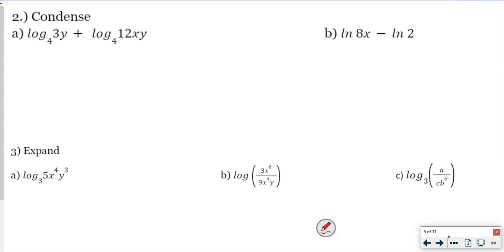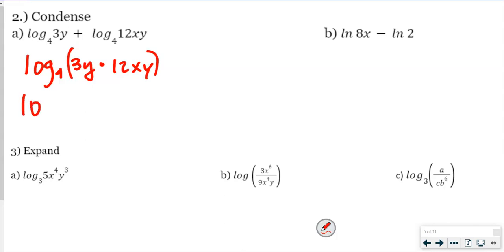So when we condense it, we are basically going to go log base 4 of 3y times, remember if it was plus, we're going to make a multiplication, 12xy. So we're going to multiply that together. So 3 times 12 is 36. So this is going to be log base 4 of 36. Don't have another x, so we just have one x, but then we have 2 y's, so it's going to be y squared. So that's our answer for that one.